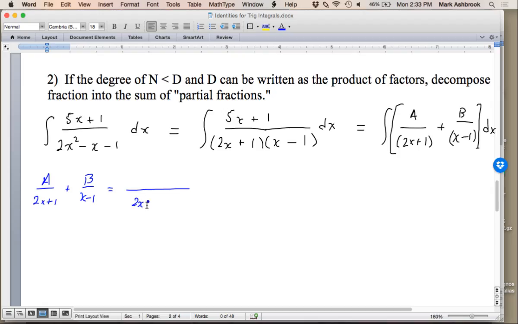So the common denominator would be 2x plus 1 times x minus 1. So now I need to create the common denominator here. So it means I multiply top and bottom by what? X minus 1, right? Therefore, this is going to be A times x minus 1. Let me write that in there.